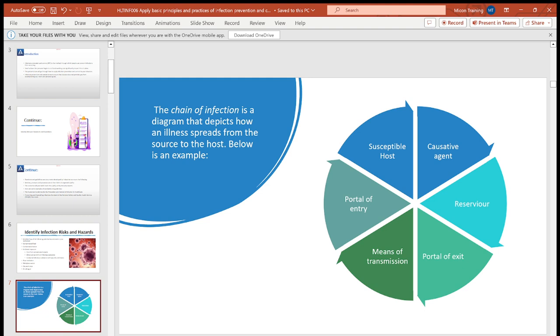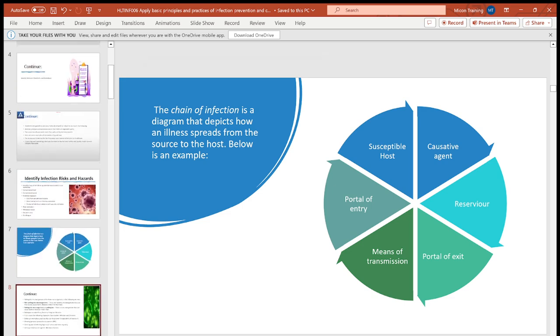If it's airborne, someone coming in from somewhere else who is not wearing a mask can easily breathe in that air. Then they become the portal of entry, through their nose, their mouth, or even their eyes. So these are some ways that we can understand how infection could be spread. It is our responsibility to make sure that we break the chain as soon as possible.